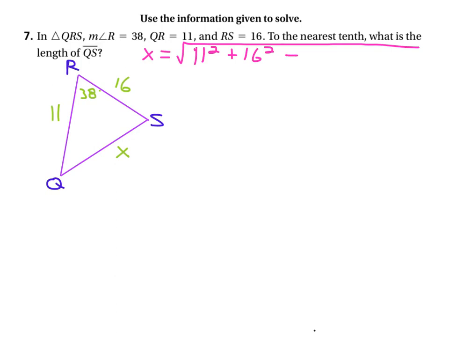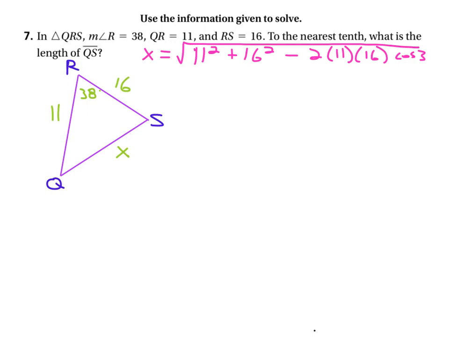Then minus 2 times one of those sides that they had times the other side that they had times the cosine of, and then the angle that they had, which is 38.